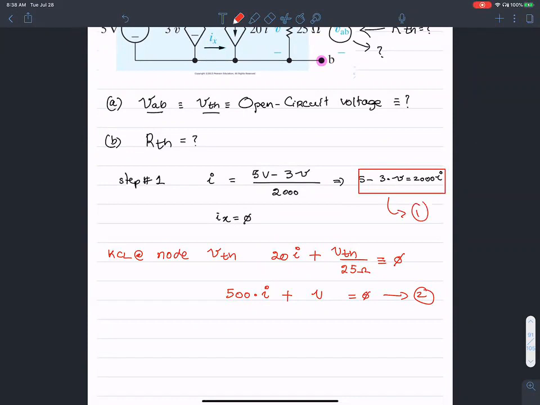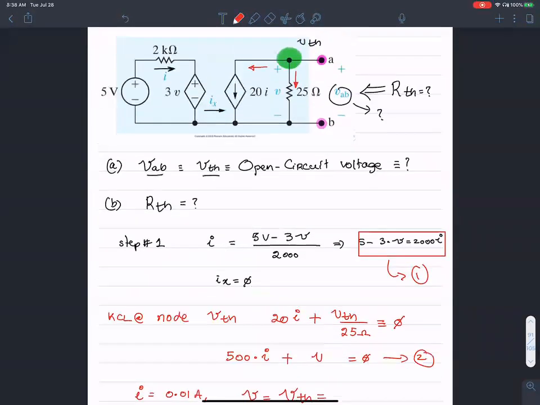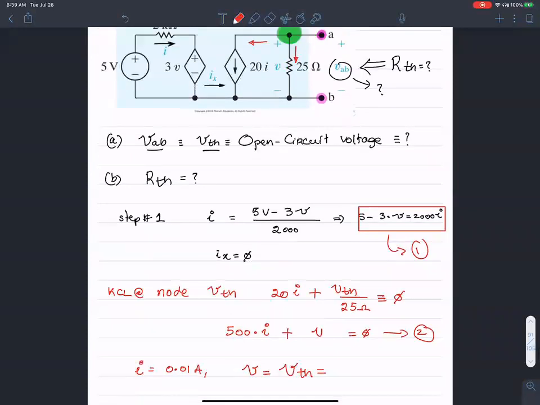So I should be able to calculate the value for v, and the value of little I to be 0.01 amperes. And little v, which is the same as V Thevenin, you get a value of negative 5 volts.